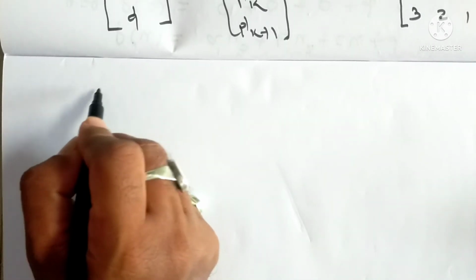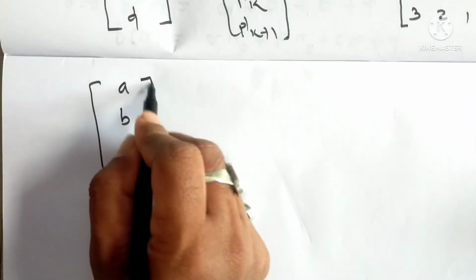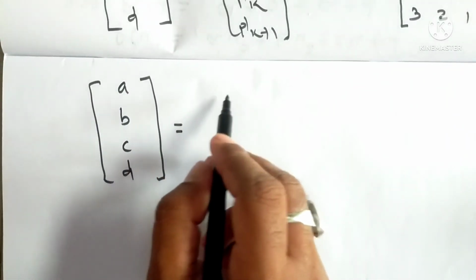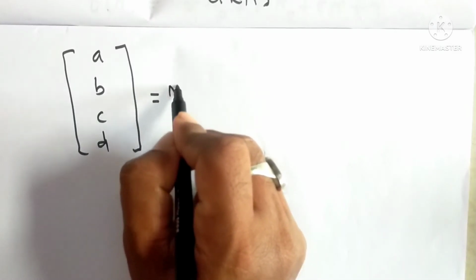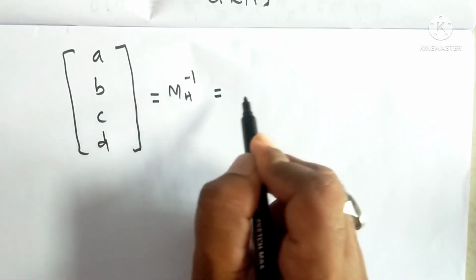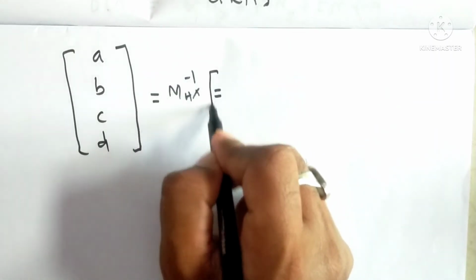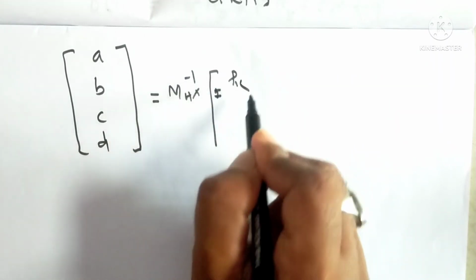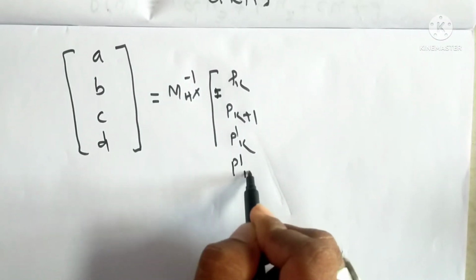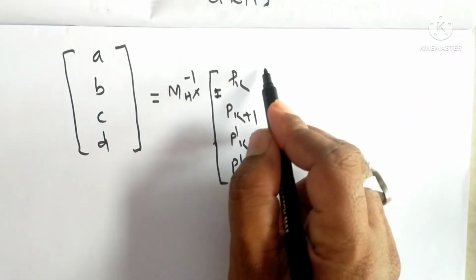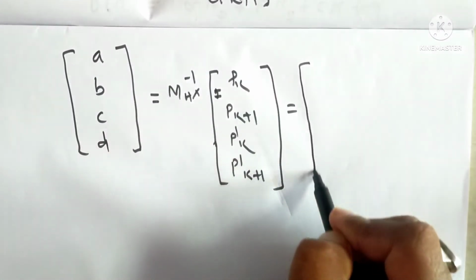You can write the equation as A, B, C, D, the 4 coefficients as MH inverse multiplied with Pk, Pk plus 1, P dash K and P dash K plus 1, right?